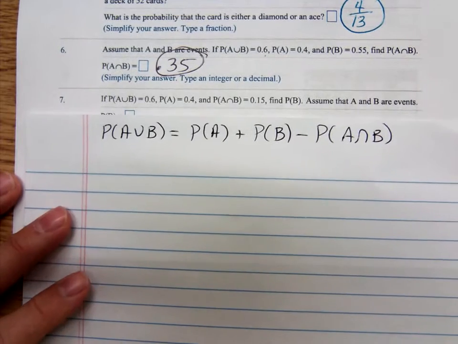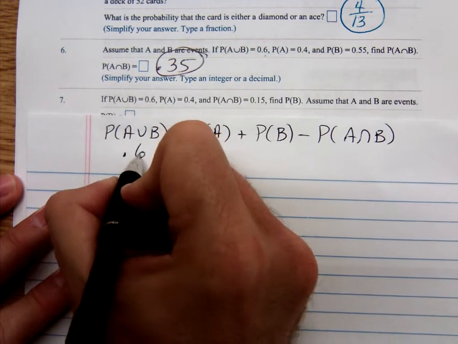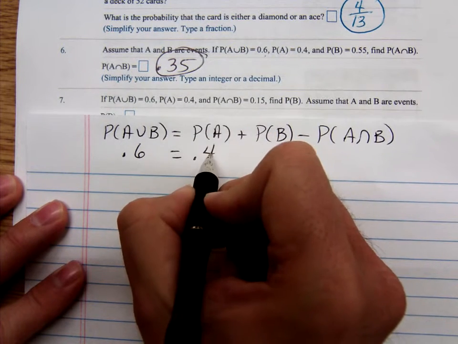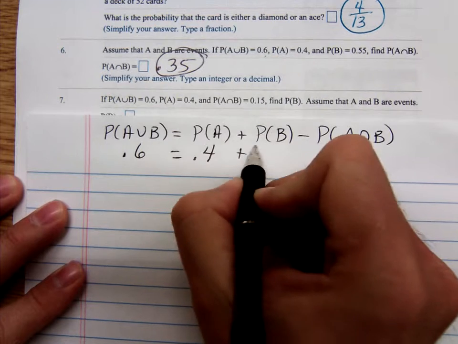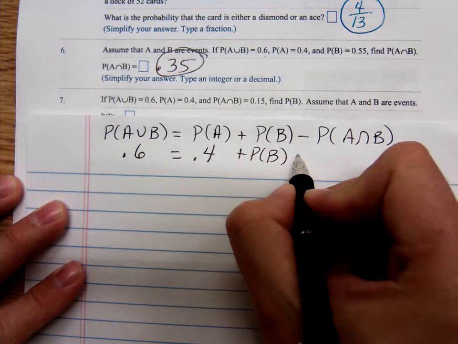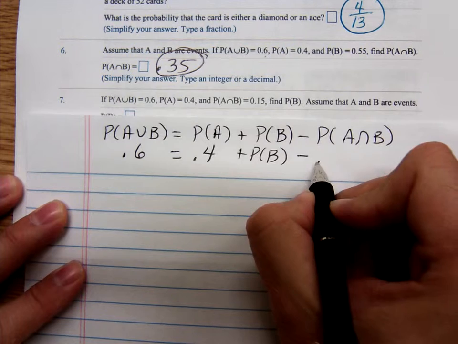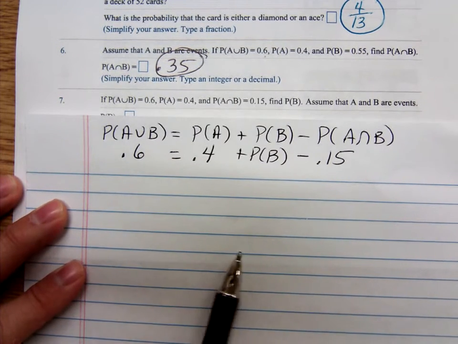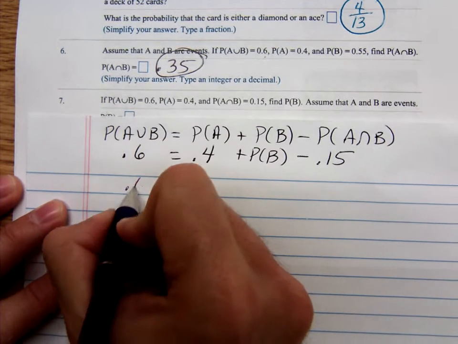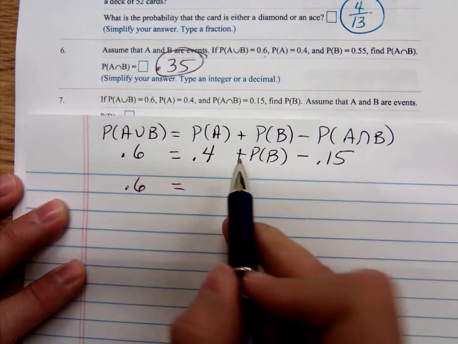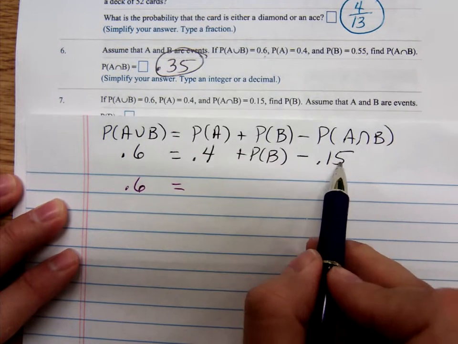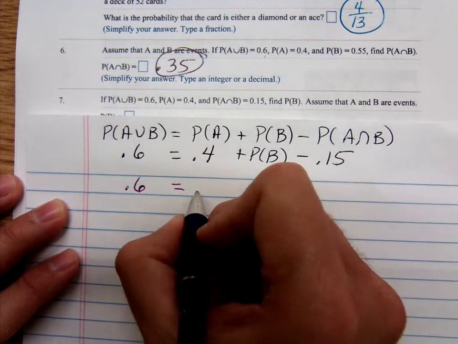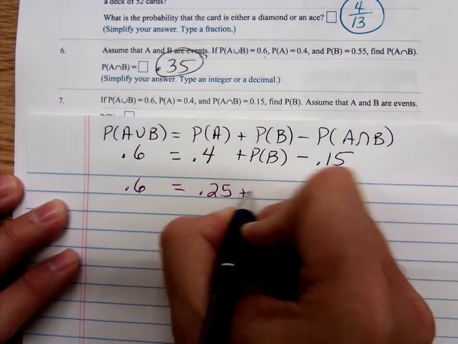So plugging in 0.6 for A union B, 0.4 for A. The probability of B is what we don't know here. Minus A intersect B is 0.15. So let's see. We'd have 0.6 equals, I'm going to go ahead and 0.4 minus 0.15, 40% minus 15%, 25%, so 0.25. If you need to, use your calculator.